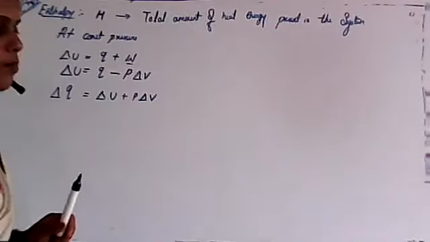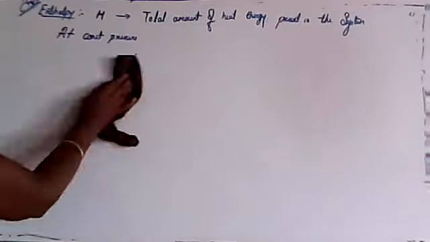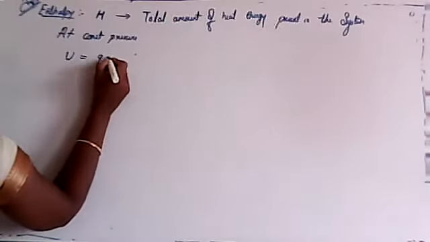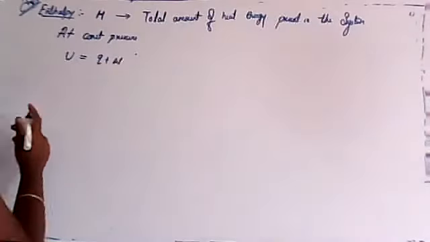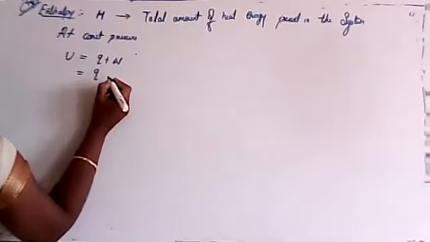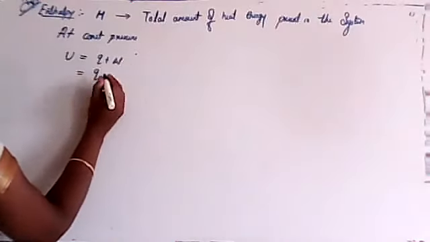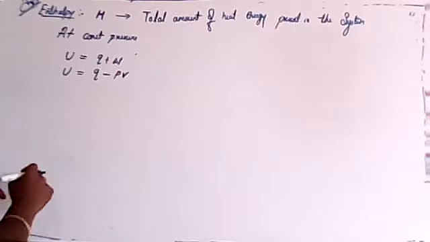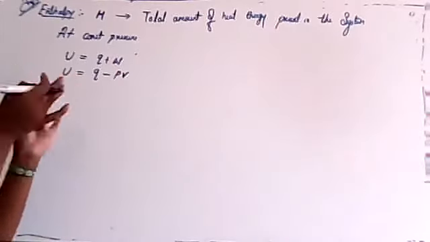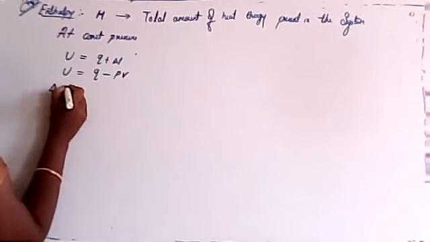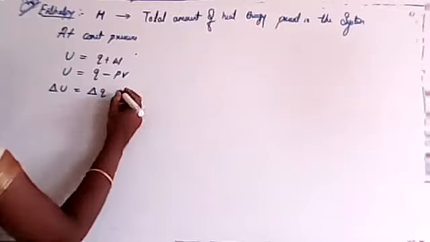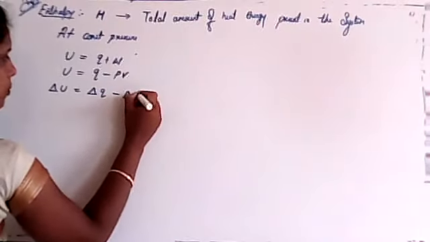Or I'll simply write, U, the internal energy, is equal to Q plus W. This is clear, isn't it? So now I'll consider W equals minus PV. Now I'll substitute change in everything. Change in internal energy equals change in heat minus change in P into V. Clear?